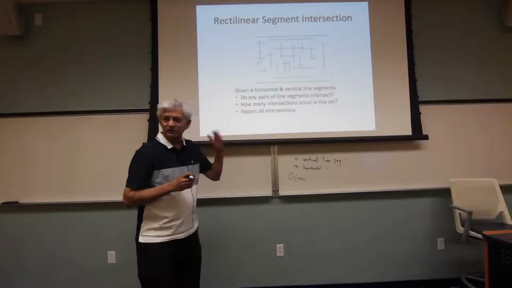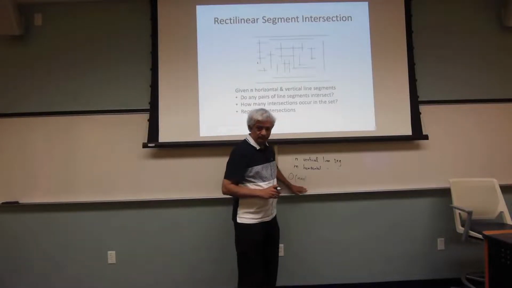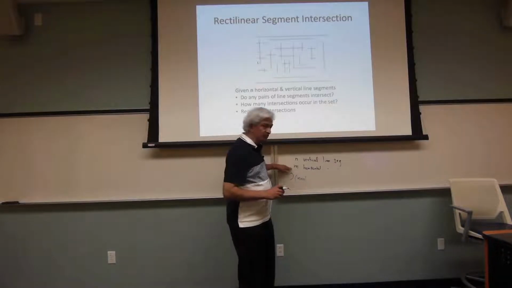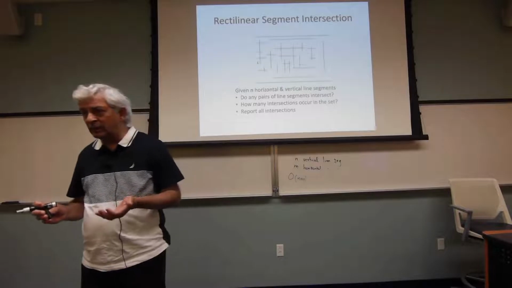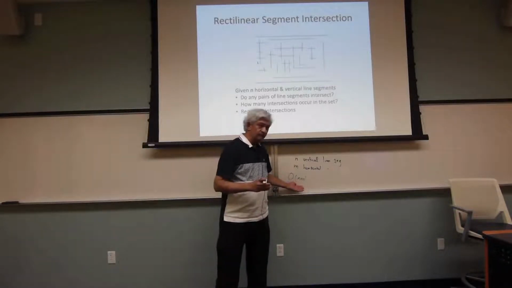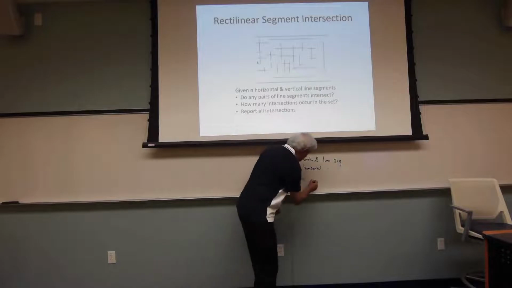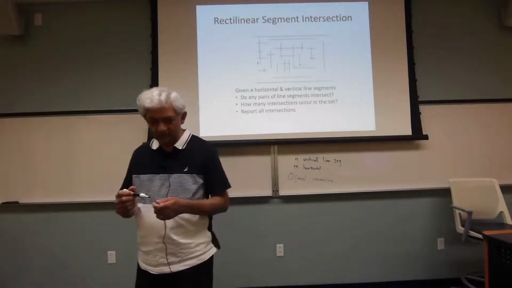You could take that into account if you want, but either way, this is actually a quadratic number. If you assume that both the number of horizontal and vertical line segments are the same, if they're both n, then you could have n squared intersections. So the number of intersections can be as large as quadratic, or it could be as small as 0, right?